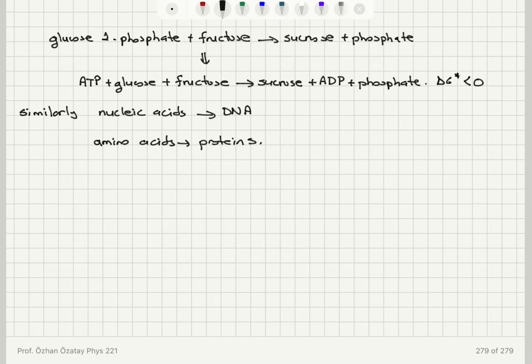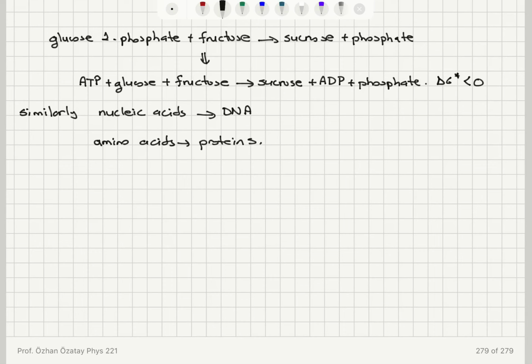Basically we have the overall reaction: ATP plus glucose plus fructose synthesizing sucrose, ADP and a phosphate. The total change in the Gibbs free energy is negative, therefore this reaction proceeds to the right.